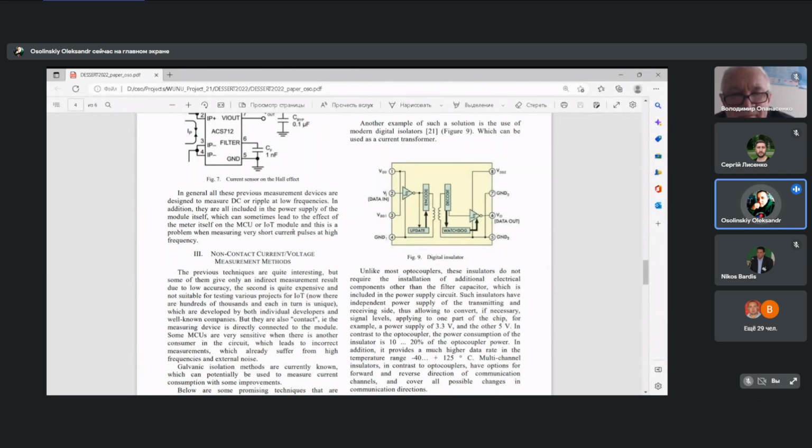These methods and devices are more interesting for my research, because they are non-contact, and we do not introduce any extra signals into the measuring process, because the measuring part and the device under research are divided by some physical environment.